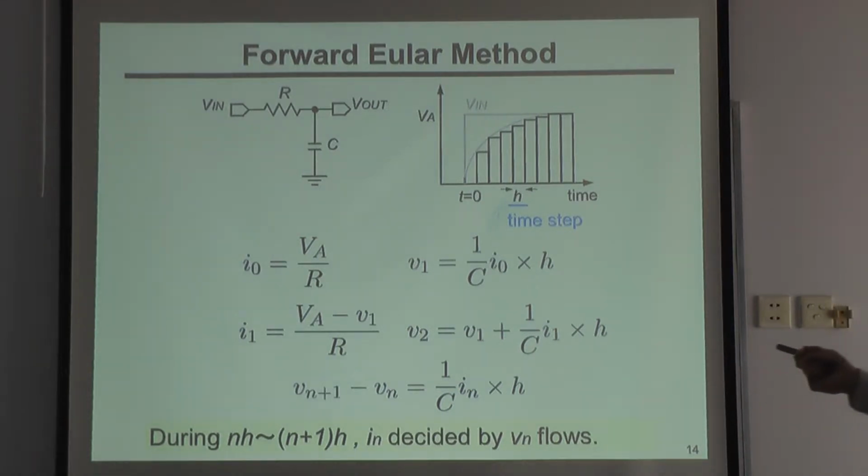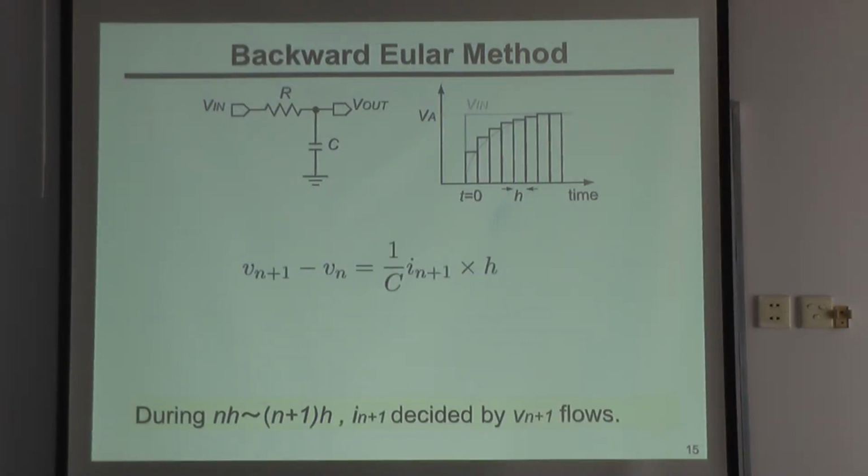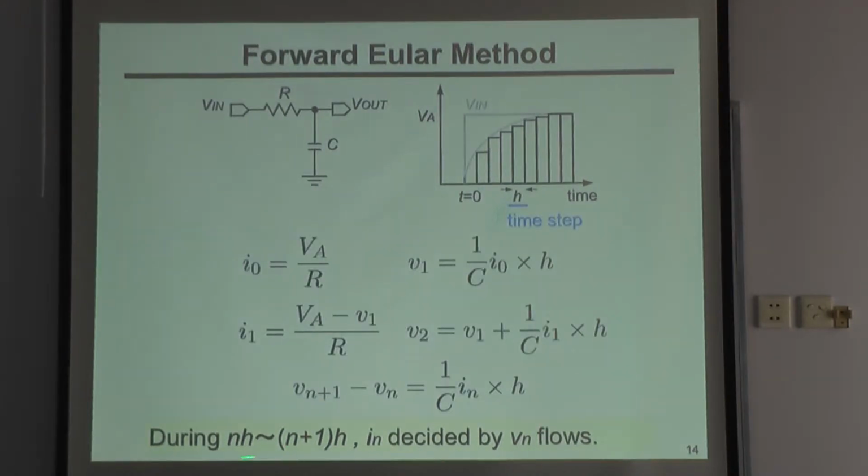And going through this and this and this, we repeat this procedure. So here, the point is that during the period from nh to (n plus 1)h, I_n, decided by V_n, flows into the circuit. On the other hand, backward Euler means that during this period, I_(n+1) flows.